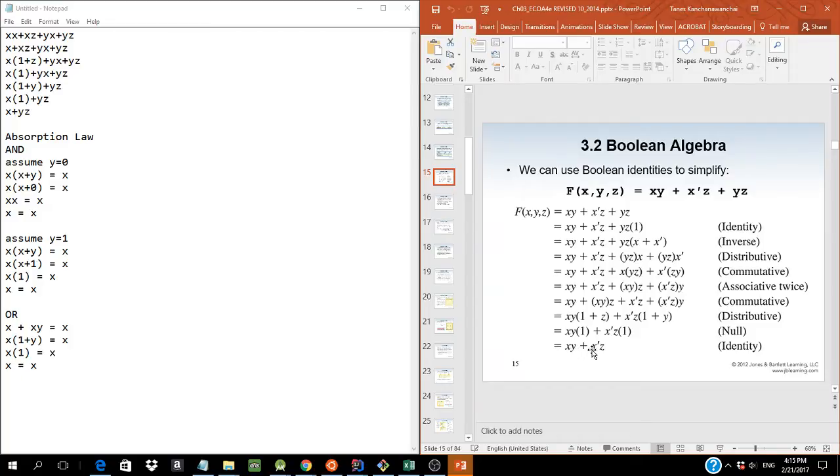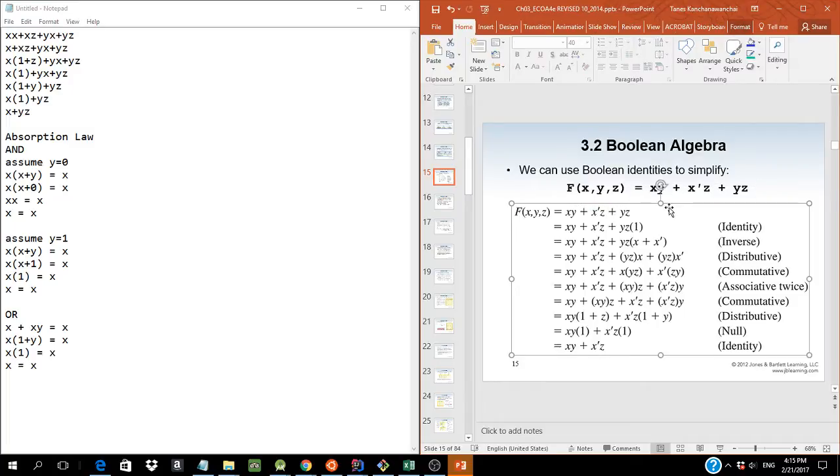This one we try to simplify by factoring, but we can't, so that's why we put the identity rule first: x plus x prime. The reason we use x plus x prime is because we see x and x prime here. Then we can start to factor it.